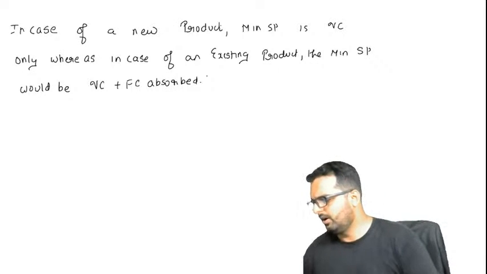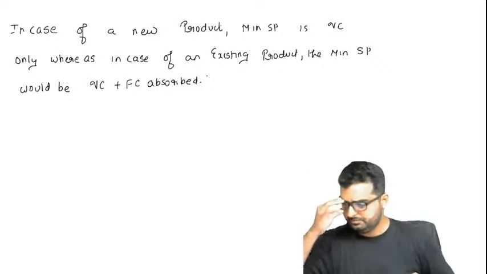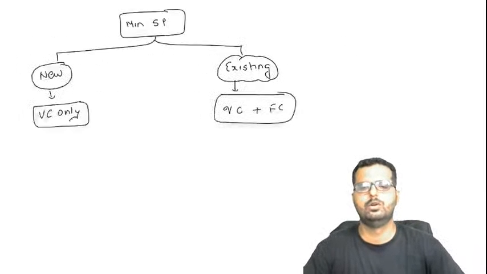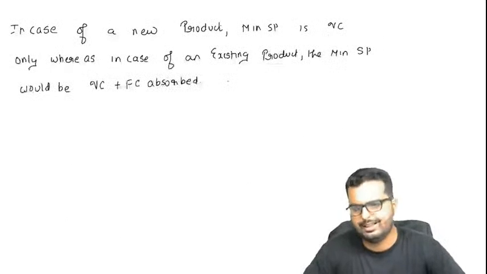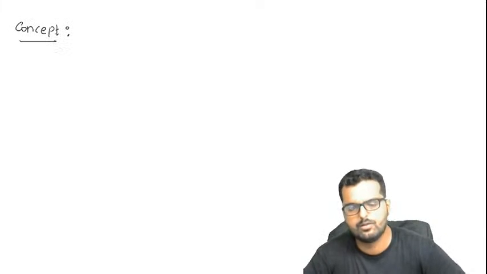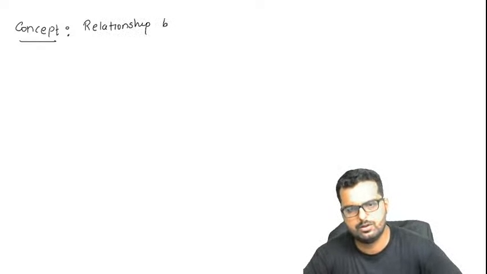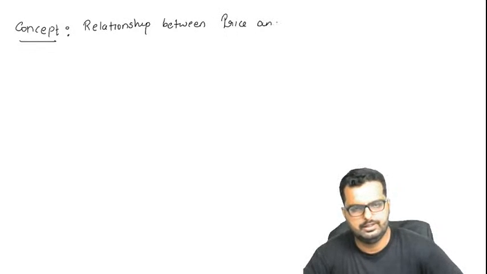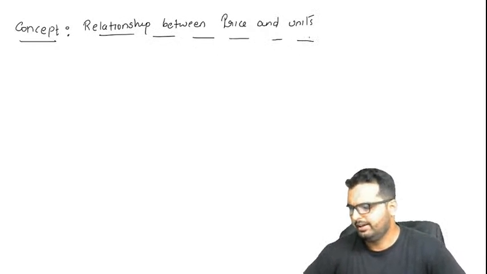Let's go to the next part now. Okay, so we are done with what is the minimum selling price. Okay. Now write down the next concept heading. Relationship between price and units.